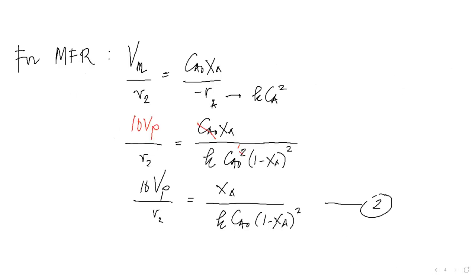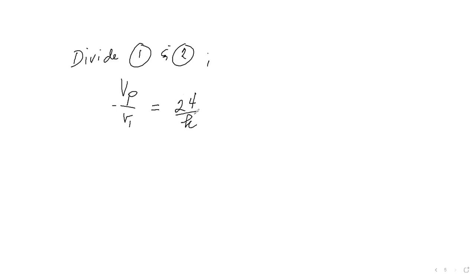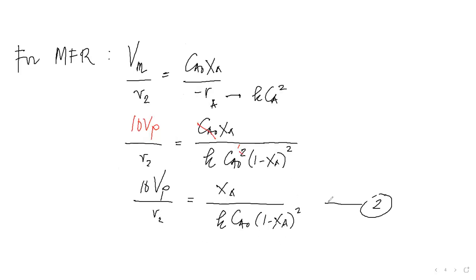So if you divide 1 and 2, you have Vp over V1 being equal to 24 over K. We will divide it by 10 Vp over V2 being equal to 600 over K. This 600 over K is the right side of the MFR, if you substitute already the values.